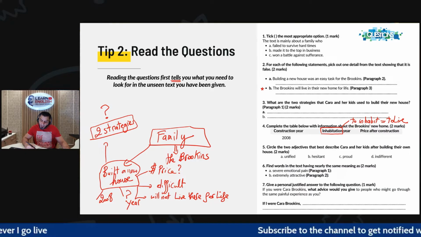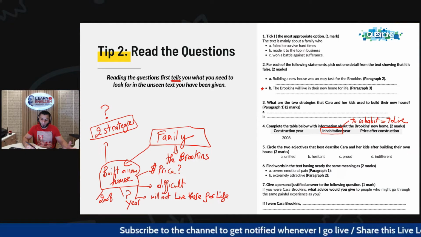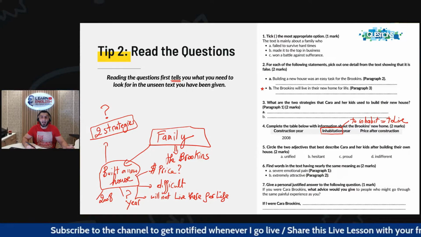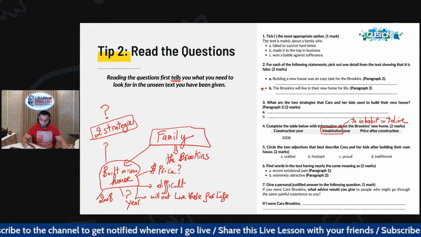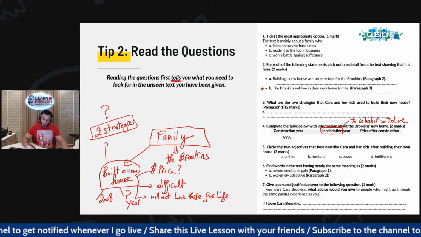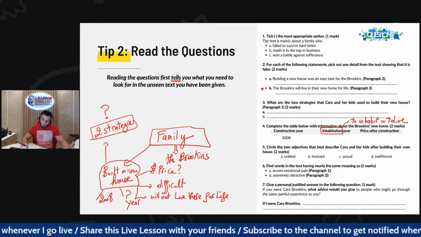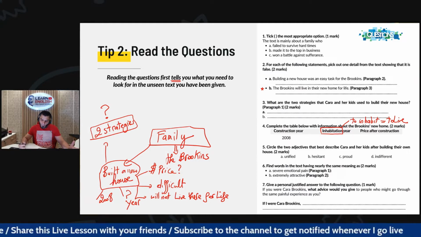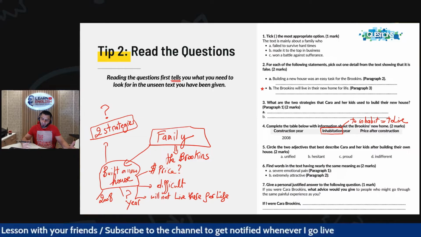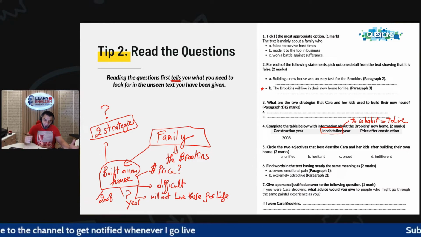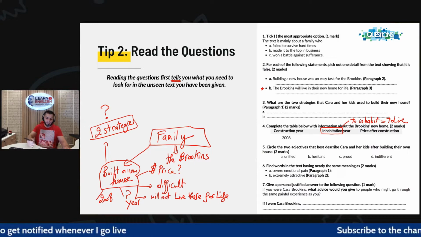Find words in the text nearly with the same meaning as severely emotional pain and extremely attractive. So then the last question, if you were Kara Brookins, what advice would you give people who might go through this painful experience as you?